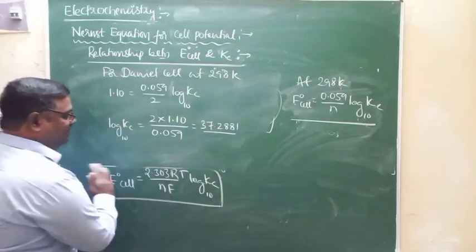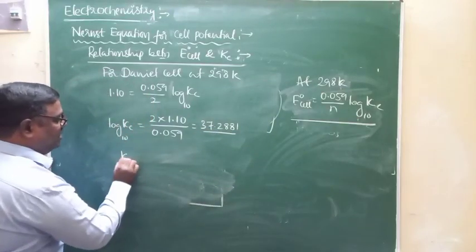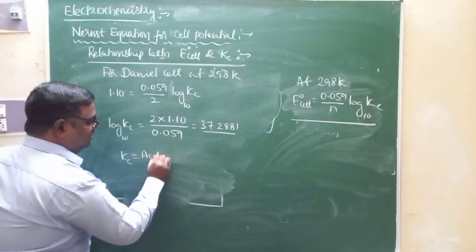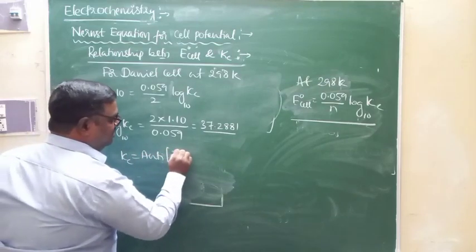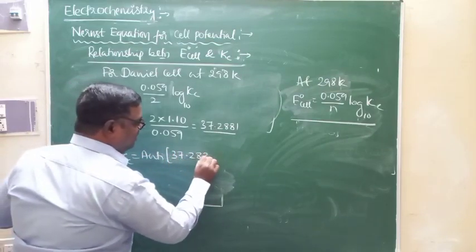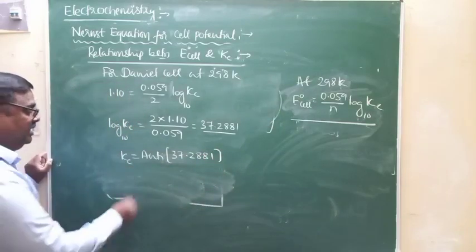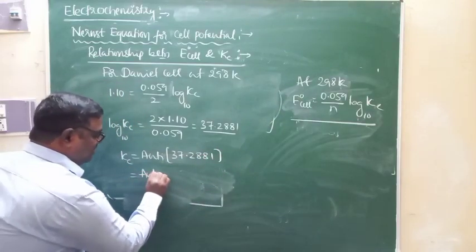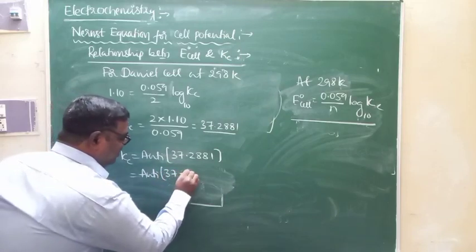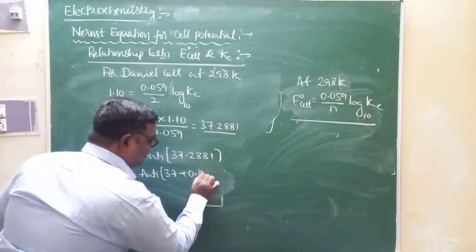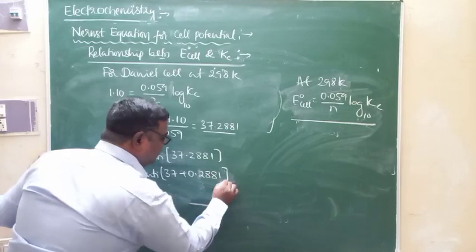And therefore ಏನಾಗುತ್ತೆ ನೋಡಿ, ಈಗ I want Kc, that's equal to antilog of 37.2881. ಹೌದಾ? Or you can say this is antilog of 37 plus 0.2881 ಅಂತ ಬರೆಯಬಹುದಾ?